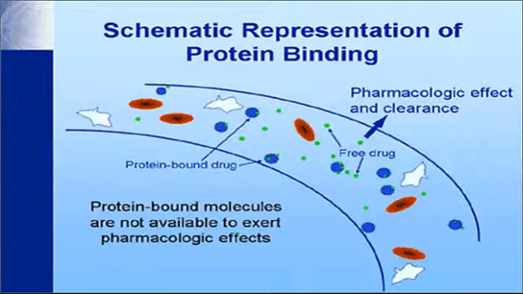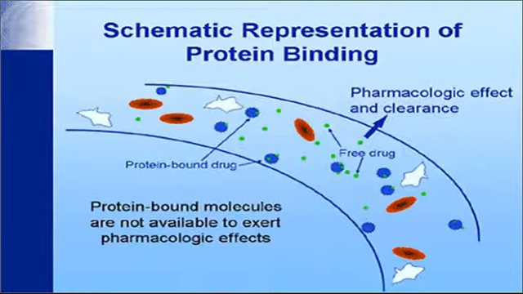If you give a highly protein bound drug, like 80% protein bound, the pharmaceuticals, when they calculate the recommended dosing, are dosing it with the mind that only 20% of the milligrams administered will be available for a biological or pharmacological effect. 80% of it's going to be bound to the protein.